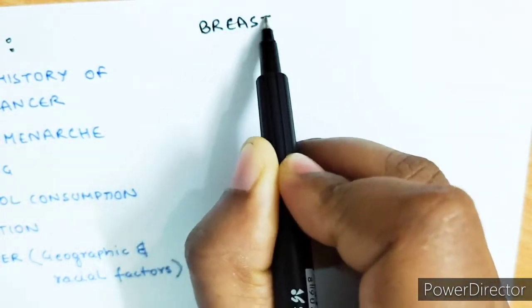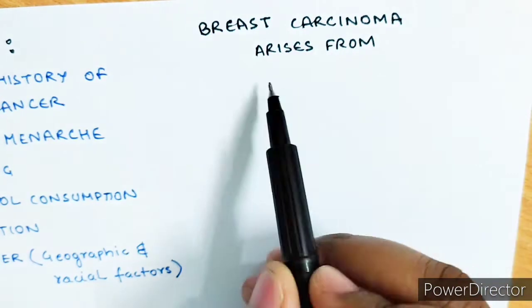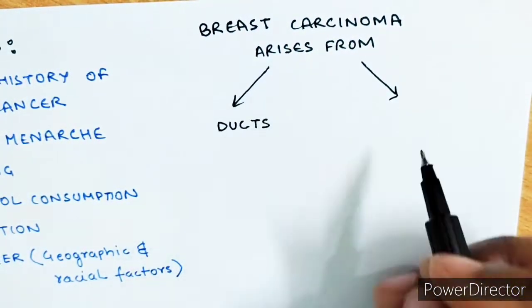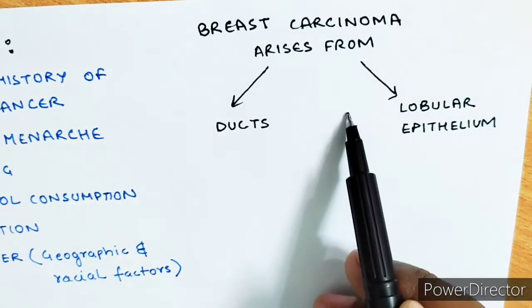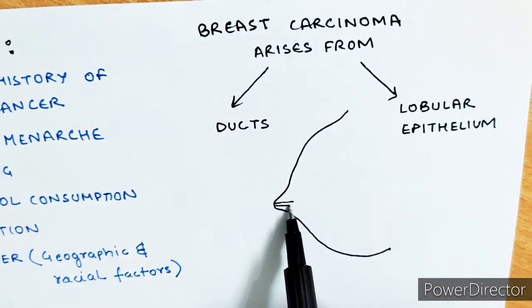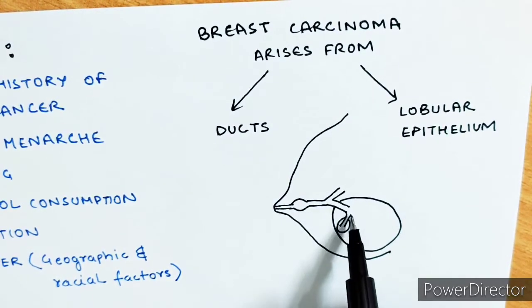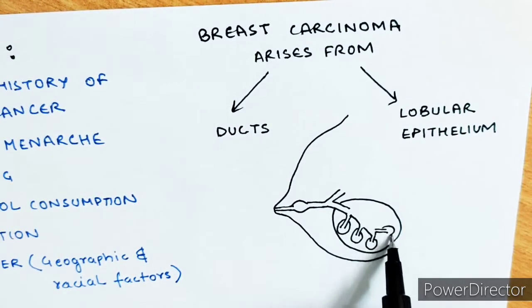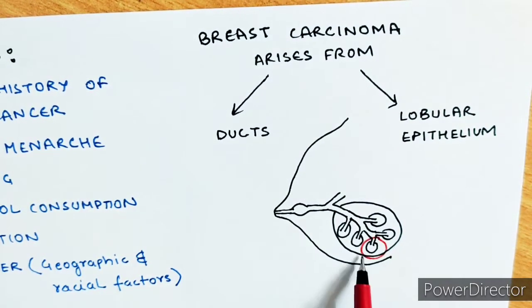Carcinoma of breast arises from terminal duct in 90% of the cases, while the remaining 10% originates from lobular epithelium. The epithelium of duct undergoes uncontrolled proliferation, which leads to the obliteration of duct with tumor cells.